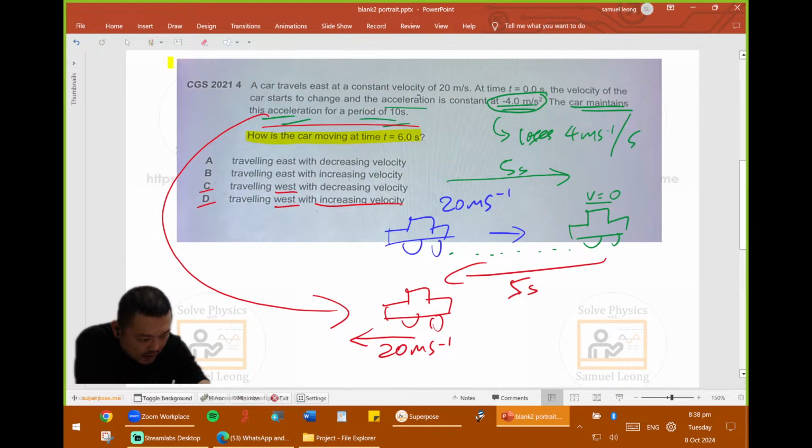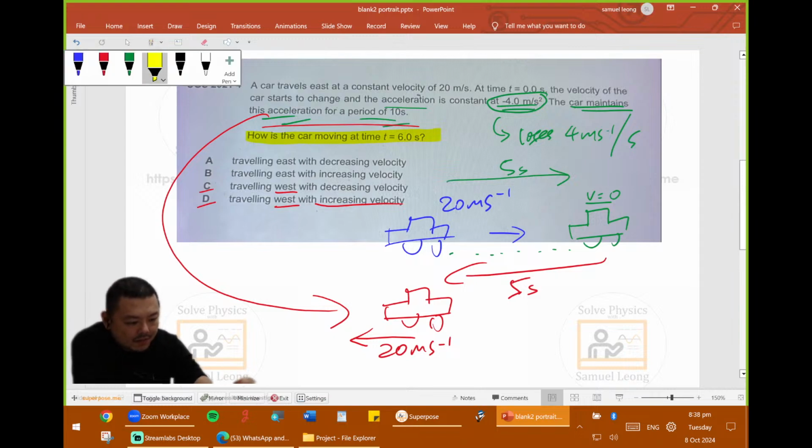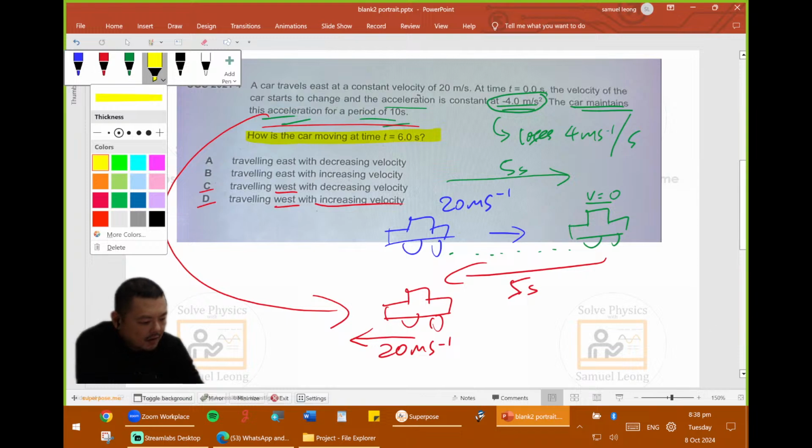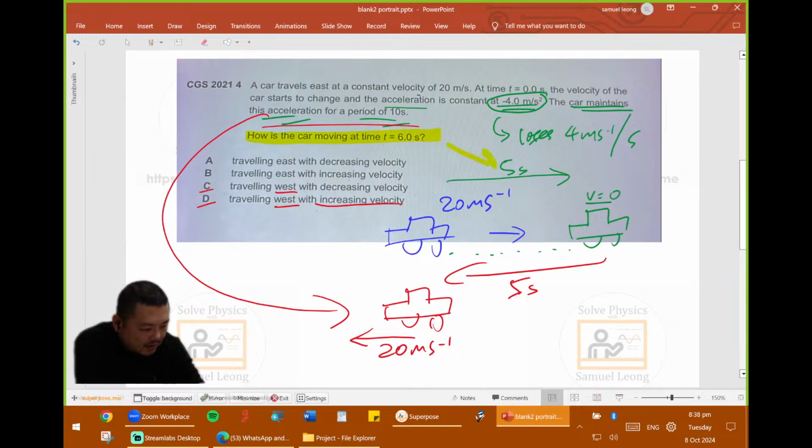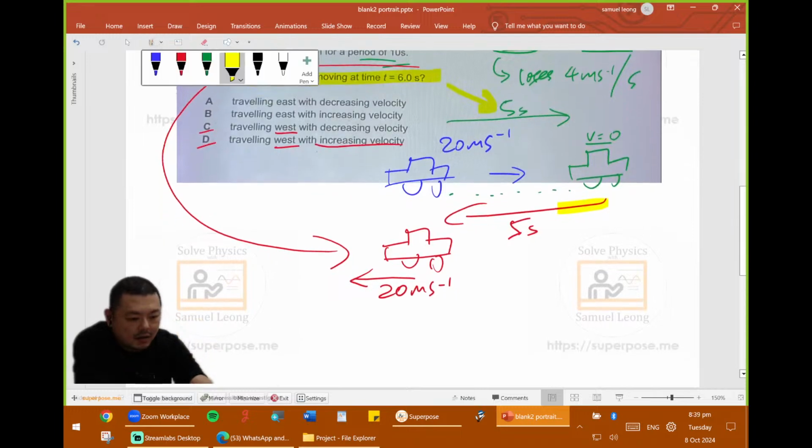They asked here at t equals 6 seconds. When is 6 seconds? That means five here, and then when it travels backwards, 1 second, right?